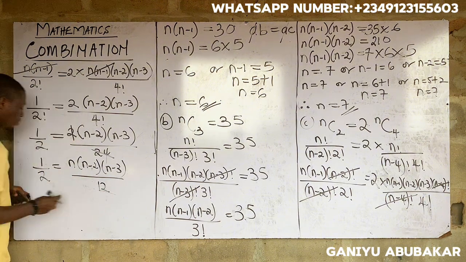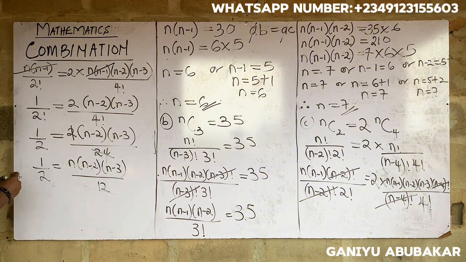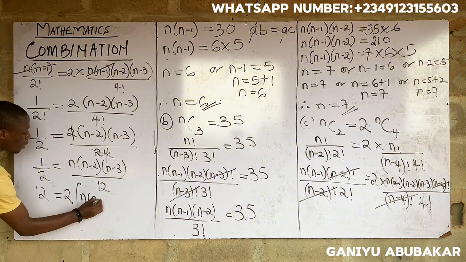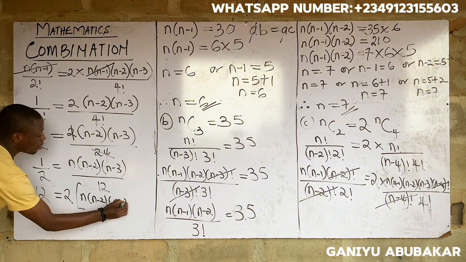So from here, what do you observe? If I want to, I can expand this bracket here. So first, let's cross multiply. 12 times 1 is 12, equal to 2 into n minus 2, n minus 3.